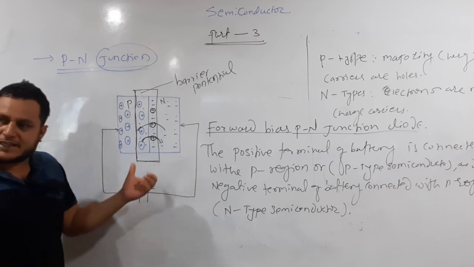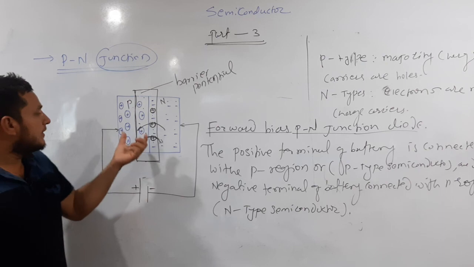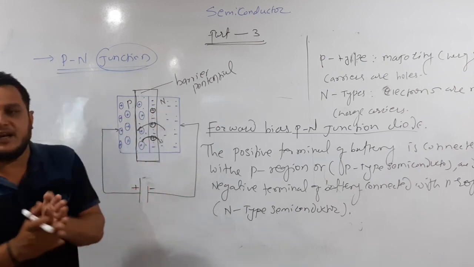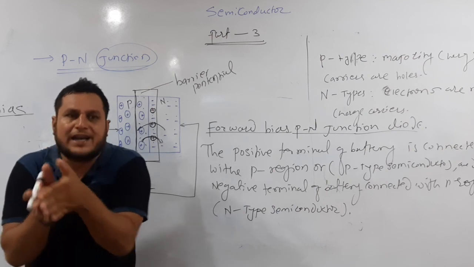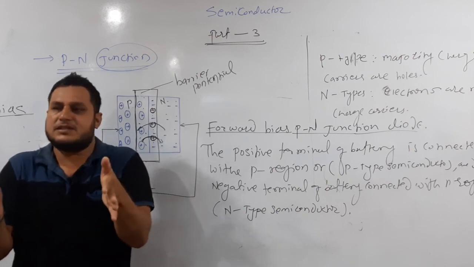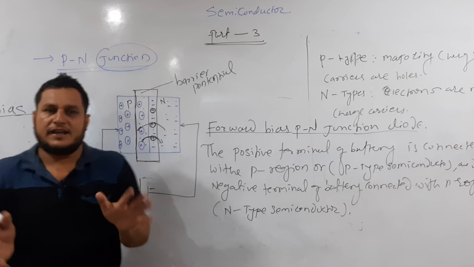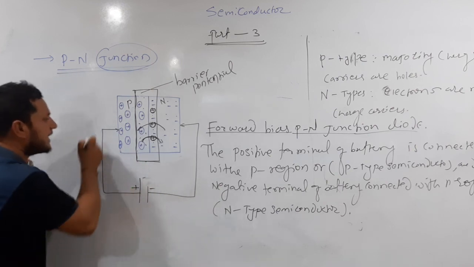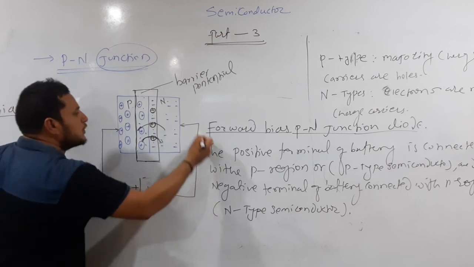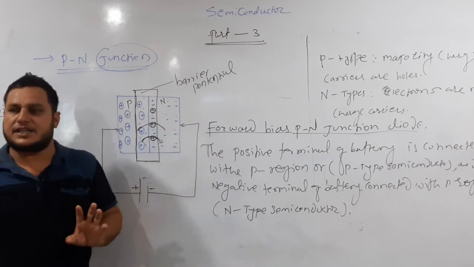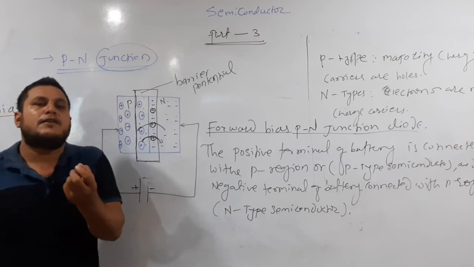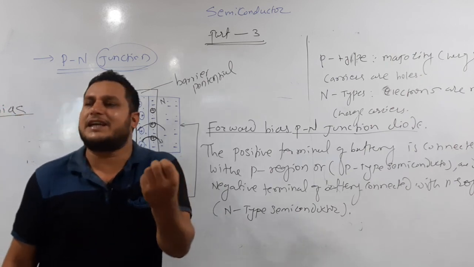If the battery is connected in such a way, then will the width of this depletion layer be reduced or increased, meaning decrease or increase? If our connection is like this, the positive terminal of the battery connected with the P region and the negative terminal connected with the N region, now will the width of the depletion layer increase or decrease?